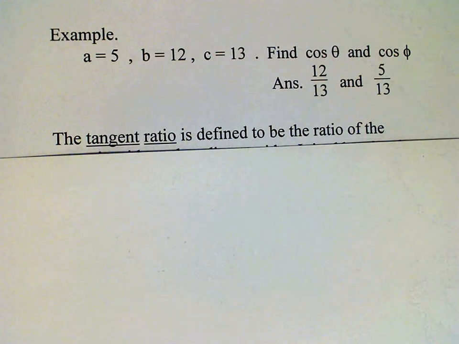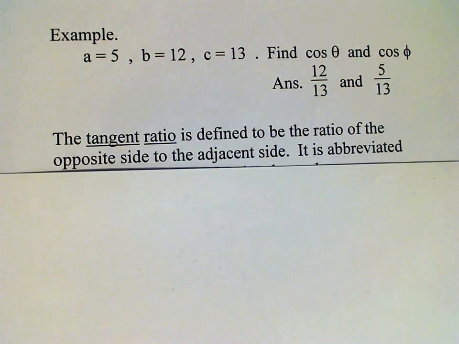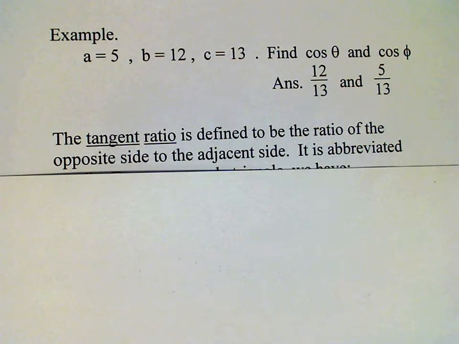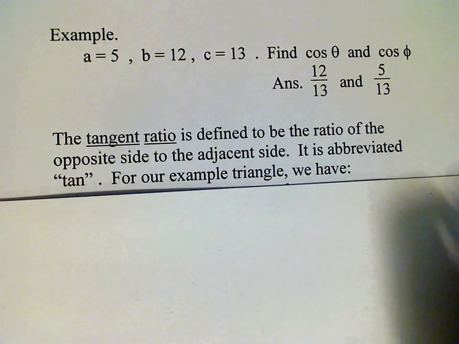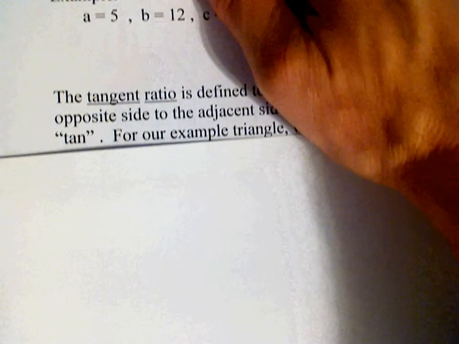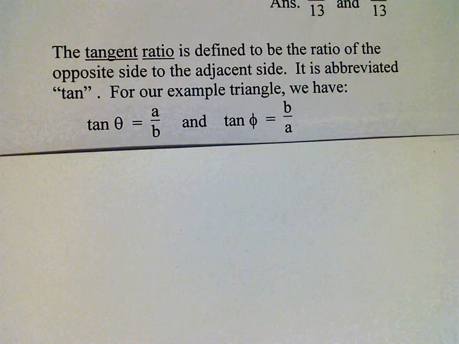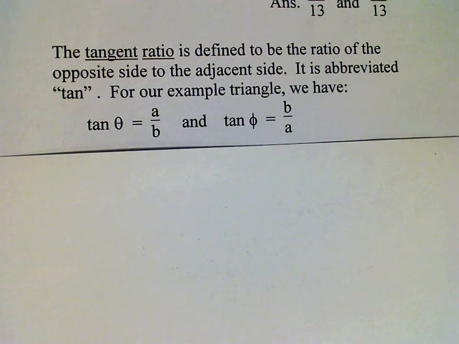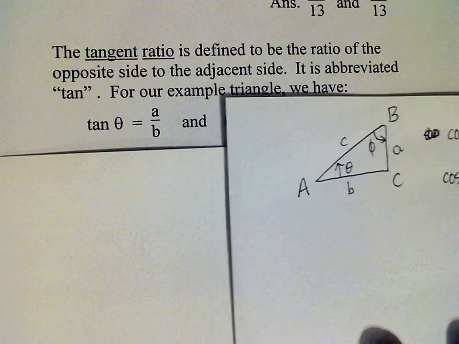Okay, one more trig ratio. The tangent ratio is defined to be the ratio of the opposite side to the adjacent. In the other two ratios, the hypotenuse was involved, but not in the tangent ratio. Tangent is abbreviated tan. And in our example triangle, we have tangent theta is a over b.